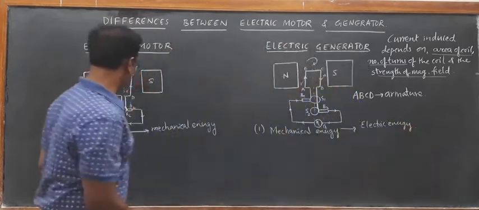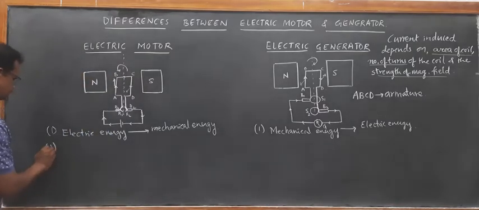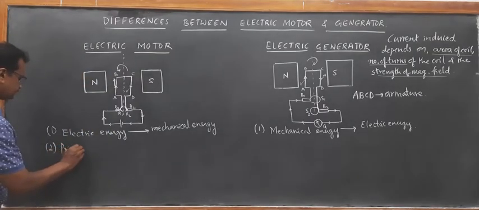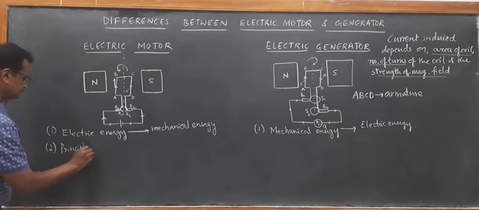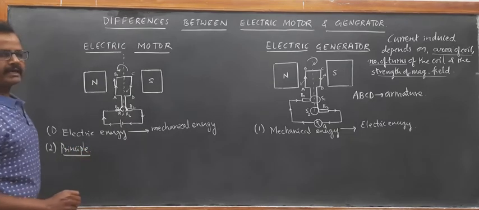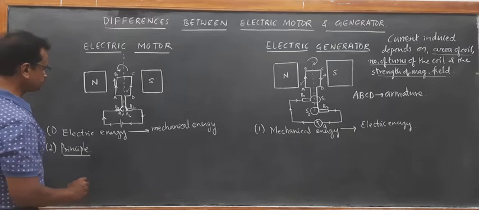Now you write the principle. Principle is magnetic effect of electric current.